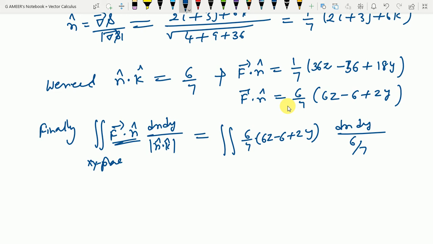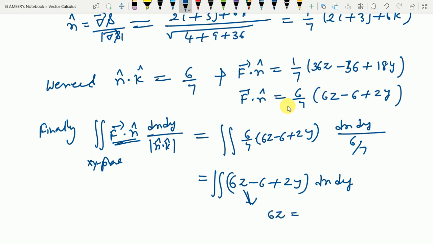Then what is remaining here? The integration of 6z minus 6 plus 2y with respect to x and y. Now I need to write z in terms of x and y. We have 2x plus 3y plus 6z equal to 12, so 6z will be 12 minus 2x minus 3y.